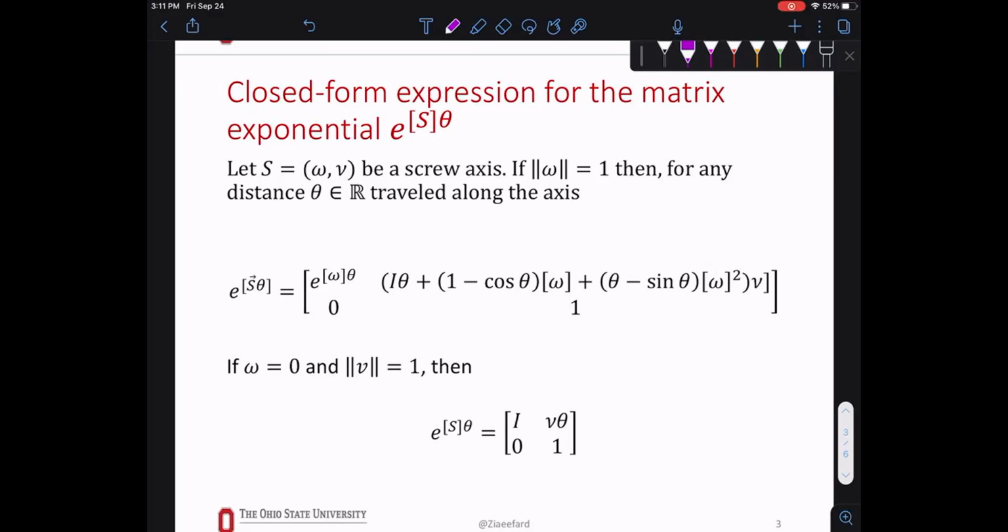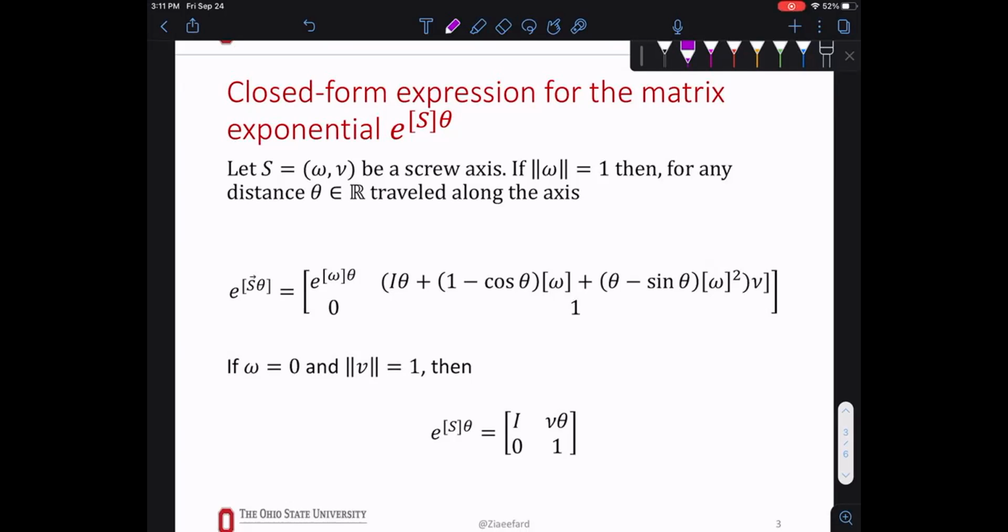This means that if you had angular velocity, if you had a revolute joint, e to the power of s theta is going to be a big matrix: e to the power of skew symmetric of omega times theta, 0, and then that big expression.